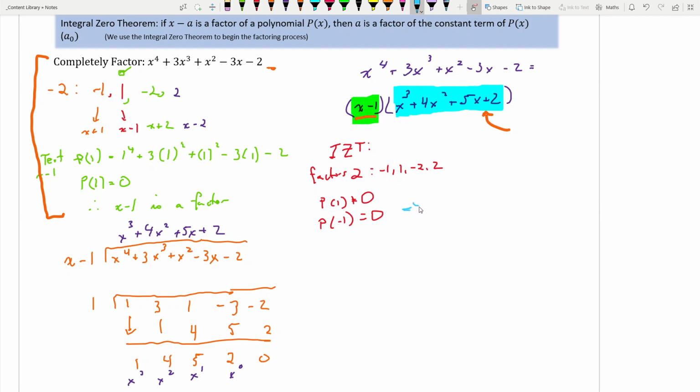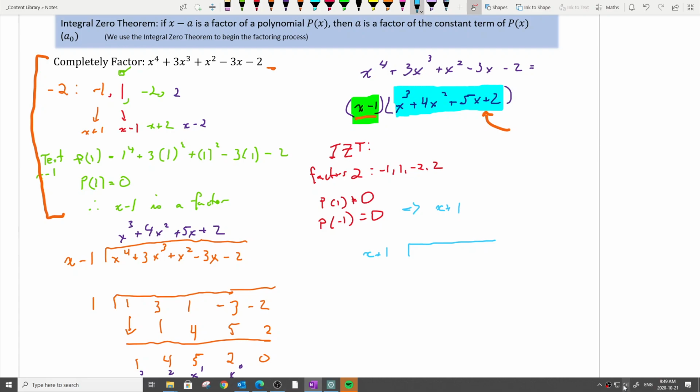This implies that x plus 1 is a factor. So now I'm going to take x plus 1 and divide it into that. I'm going to press pause here, and you can do it as well. So press pause and take a few moments and let's try long division, see if it works out.